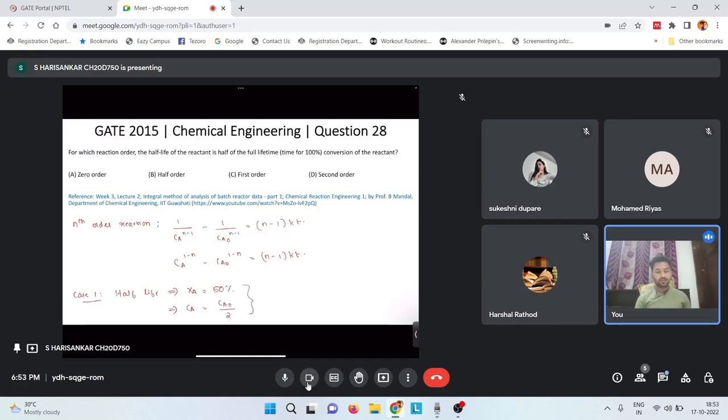So for nth order reaction using this, we can write Ca0 by 2 raised to 1 minus n minus Ca0 raised to 1 minus n is equal to n minus 1 into Kt half. Let's take this as our equation 1.